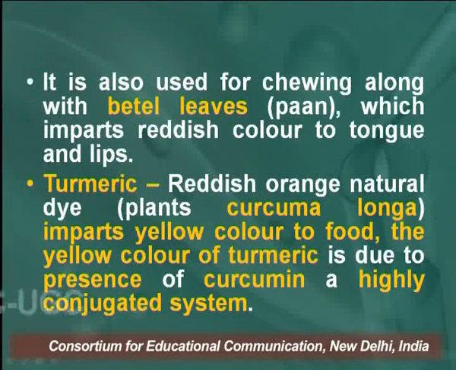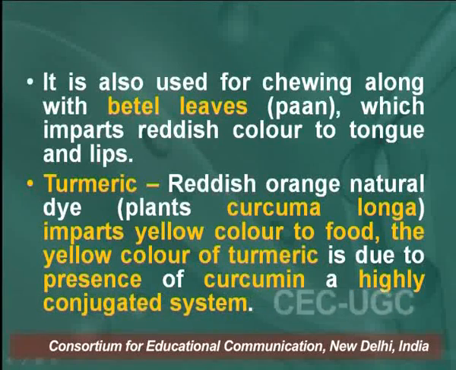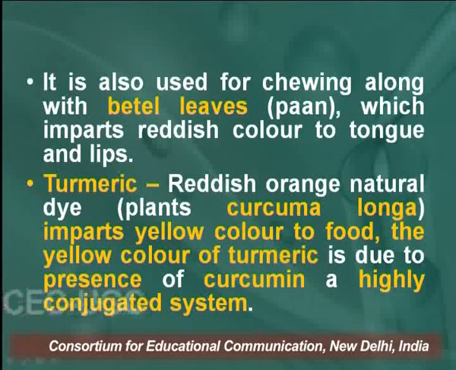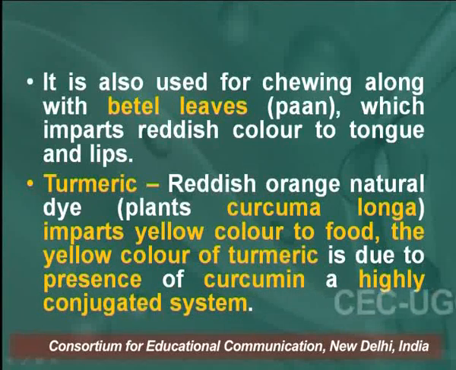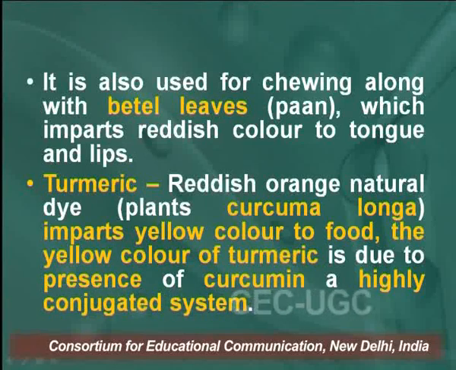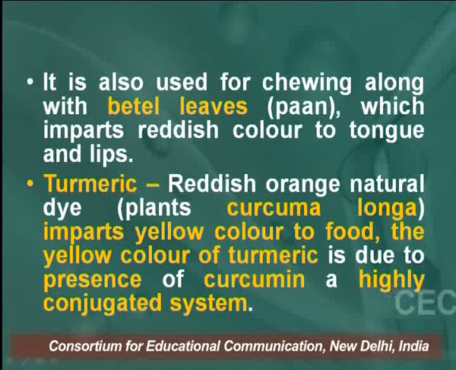Learners, this catechu or katha is also used for chewing along with betel leaves, also called pan, which imparts a reddish brown color to the tongue and lips. There are certain chemicals present in catechu, and that chemical compound gives red color to our tongues, to our fabrics, and to the textile industries also. Another important plant-derived dye is turmeric.